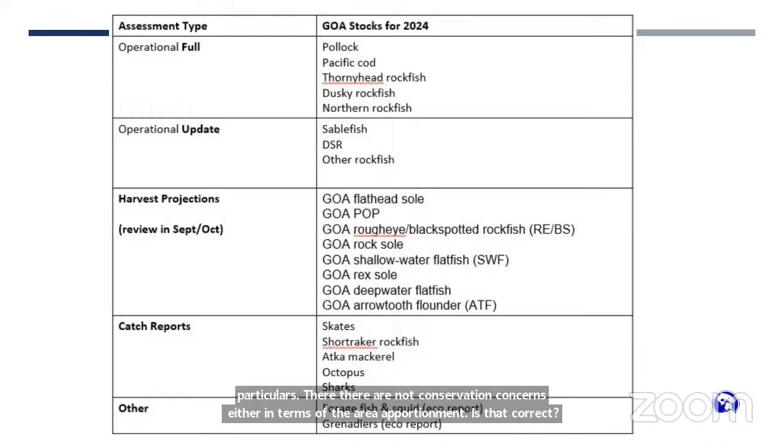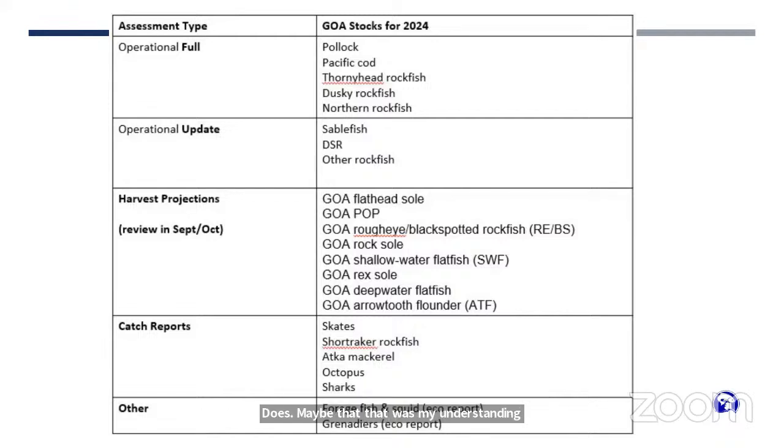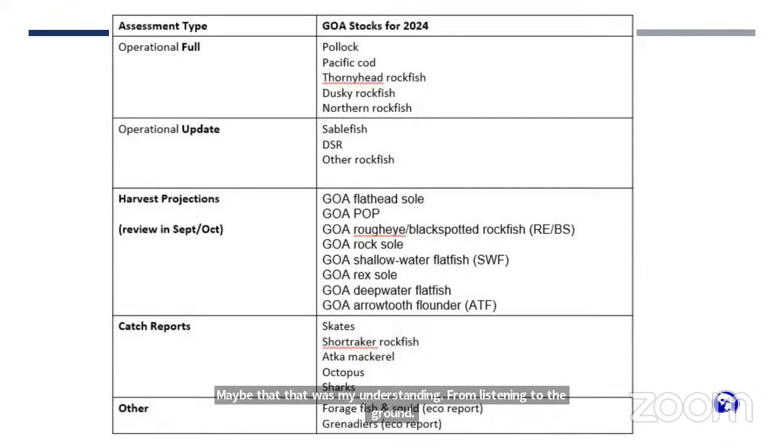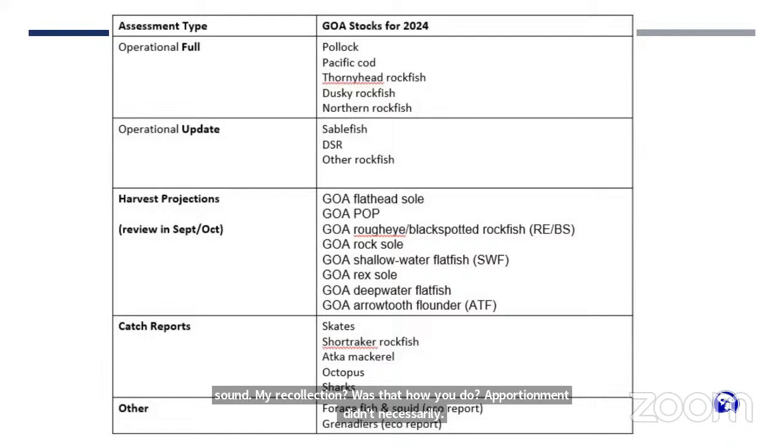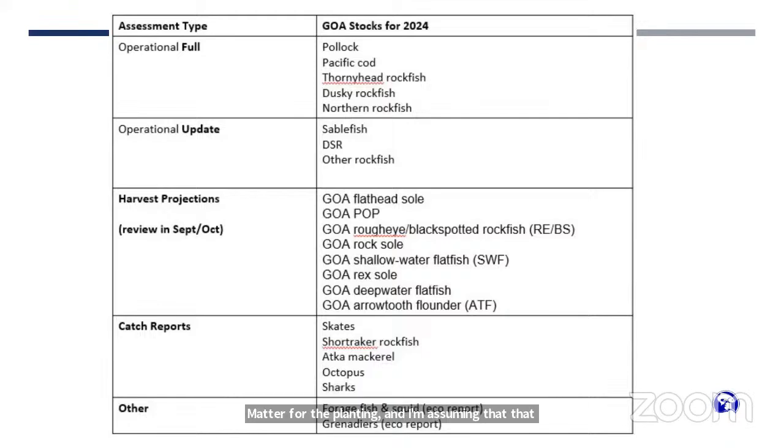That was my understanding from listening to the groundfish plan team, because the discussion there was that how you do apportionment didn't necessarily matter for the plan team, and I'm assuming that meant because there wasn't an underlying biological concern. But I'd be interested if anybody else remembers.